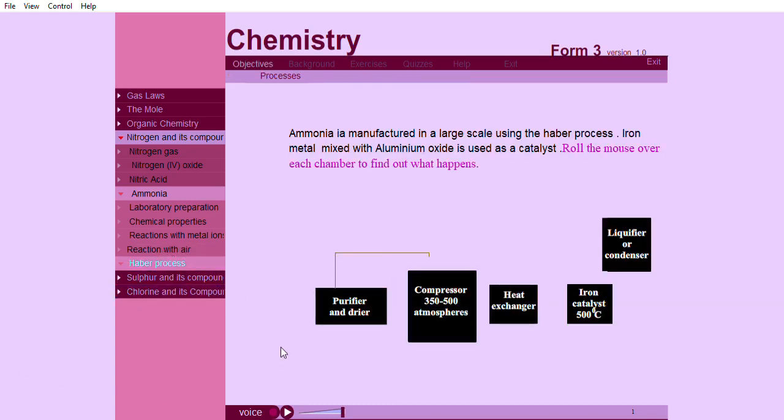Ammonia gas is manufactured on a large scale using the Haber process with iron metal as a catalyst when mixed with aluminium oxide.